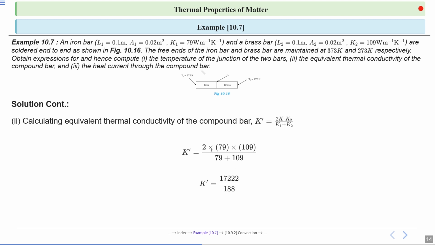Solving the numerator and denominator, you will get 17222 divided by 188. After division, you will get K prime is equal to 91.6 watt per meter per Kelvin. It means the equivalent thermal conductivity of the compound bar is equal to 91.6 watt per meter per Kelvin.